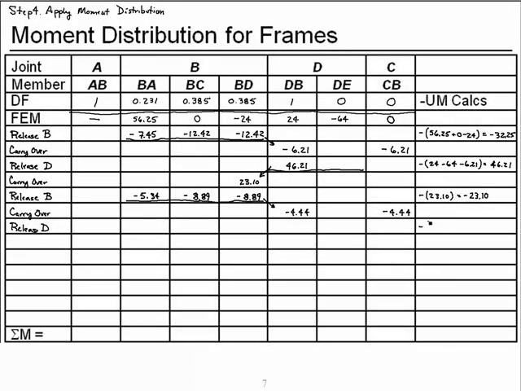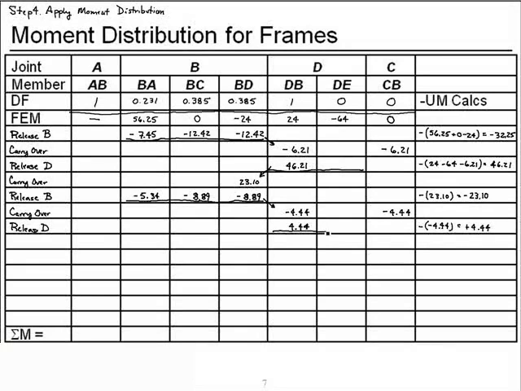Our unbalanced moment is just the negative 4.44, because if we add all of these up we get 0, and so it's only this one that's unbalanced, and we get a positive 4.44 that must be distributed. But my distribution factor is 1, and it all comes back into member DB.